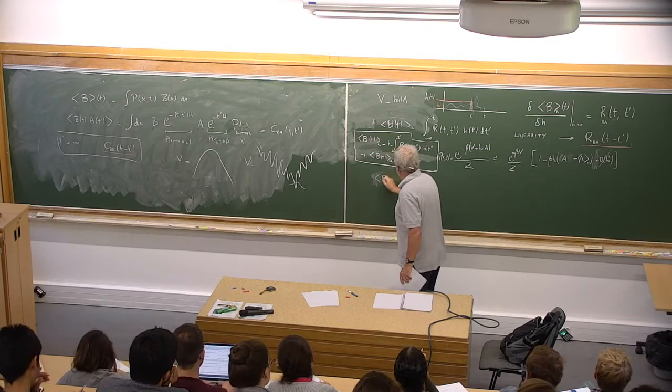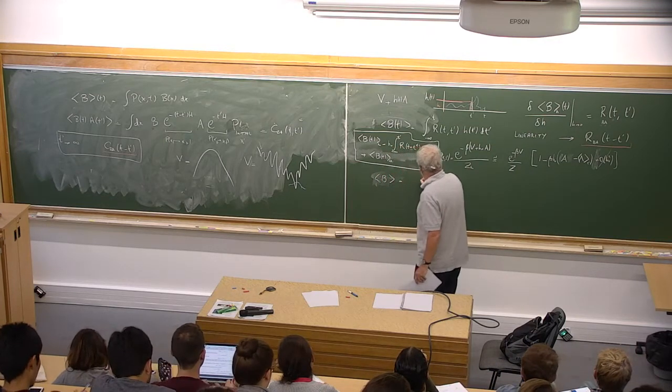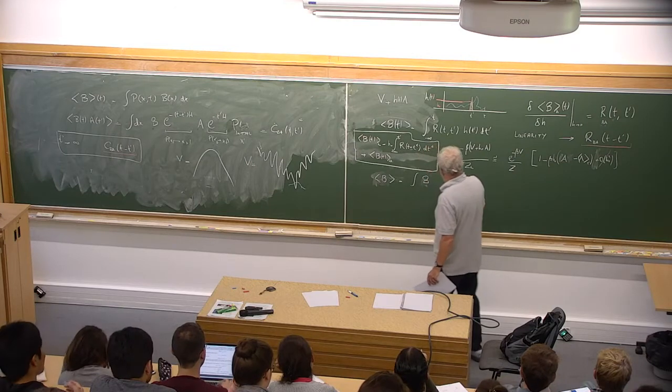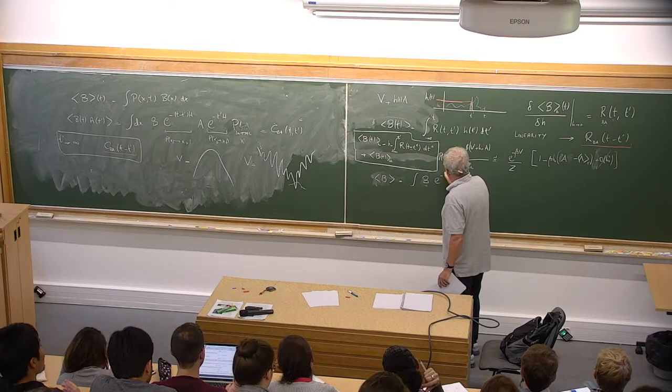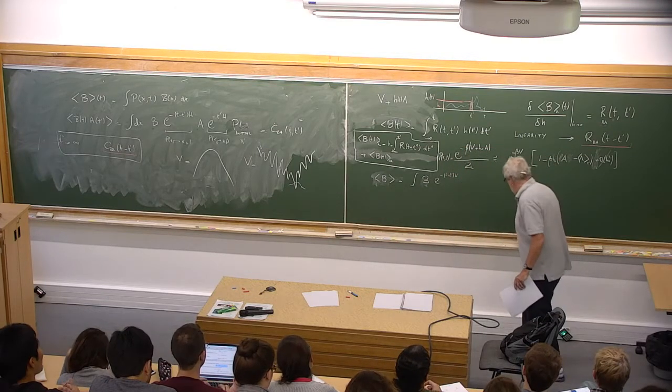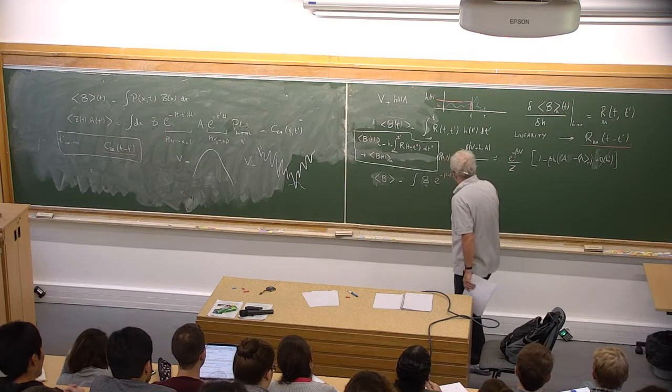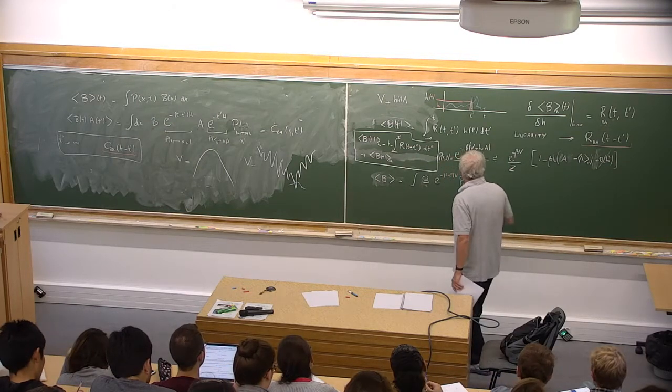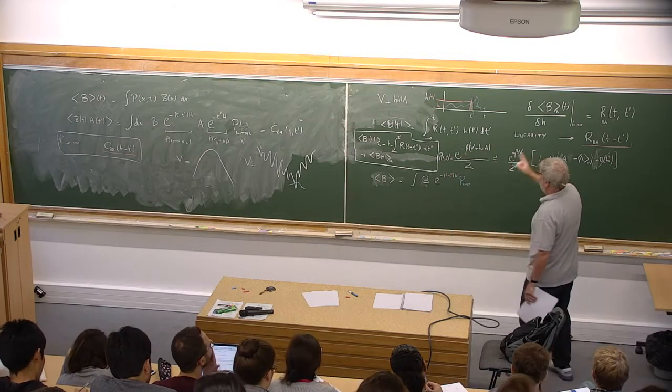The expectation of b at time t is the integral of b times I propagate from t to t prime h, and here I'm going to put the initial distribution, which by assumption is this one here.